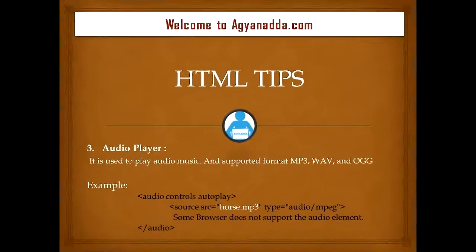The next one is audio player. It is used to play audio music and it supports MP3, WAV and OGG. Many browsers support some formats and many browsers do not support some formats. So how can we implement it? We only have to write the audio tag with some attributes, controls and autoplay.